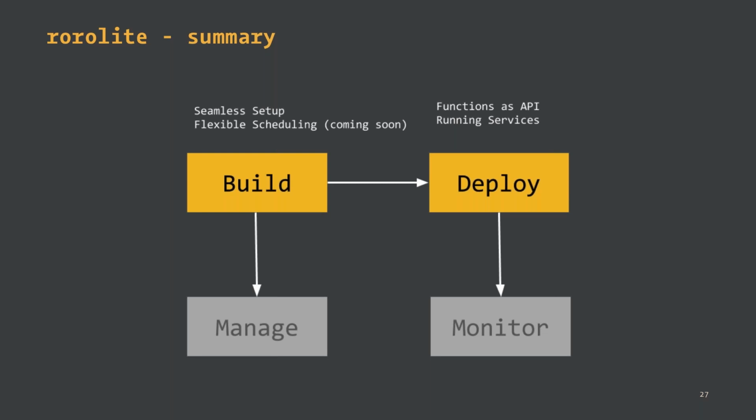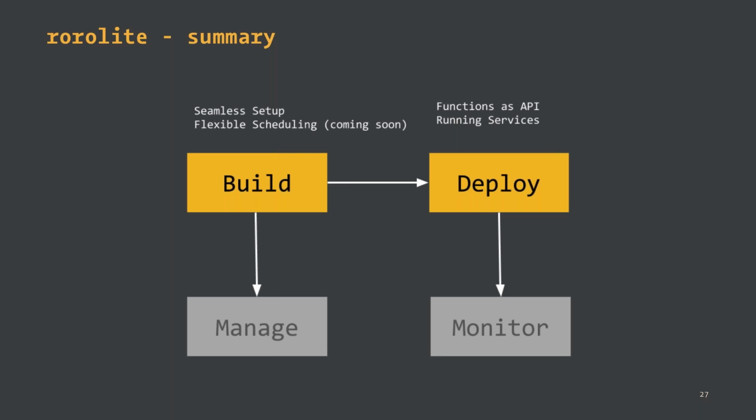Also, it's not there in the current version, but there are plans to set up flexible scheduling, where you can specify that you want to run this job every day at 10 a.m. or something in the rorolite.yml file itself, and that would automatically set up whatever is required on the server. And it takes care of functions as APIs, and also takes care of running the services.